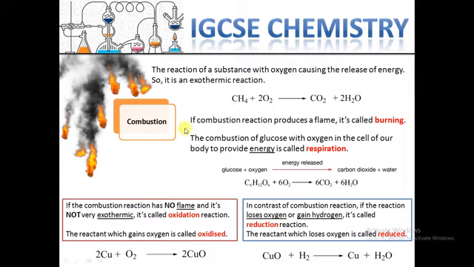In this type of combustion reaction, the substance reacts with oxygen, and finally the substance increases the oxygen in its structure. If the combustion produces flame, we call it burning.